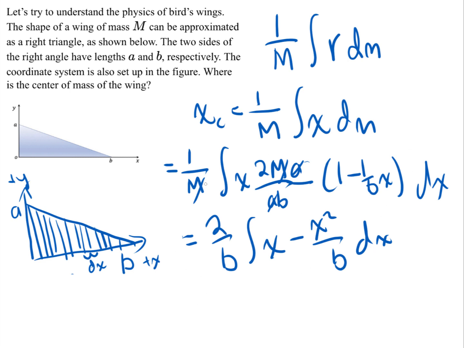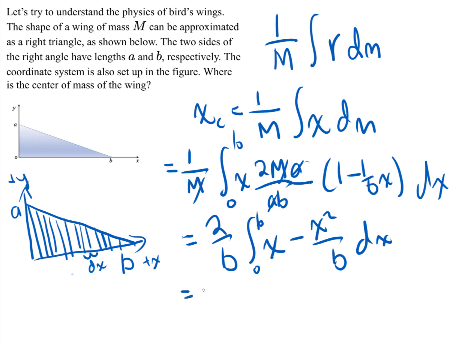Now I didn't specify this yet, but our limits of integration are from 0 to b, since we're evaluating the position of each point times the mass from the y-axis, along the entire length of the wing in the x direction.